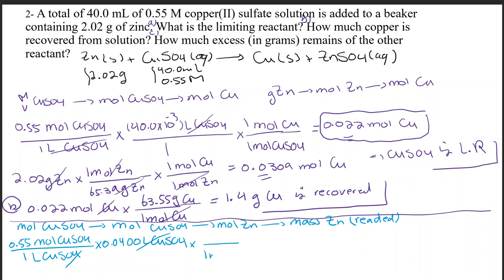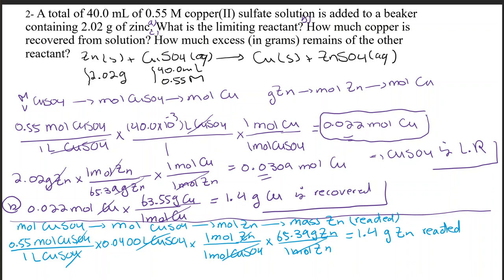Now, based on the balanced reaction, each mole of copper(II) sulfate reacts with 1 mole of zinc. And now each mole of zinc is 65.39 grams of zinc. So from here we said 1.4 grams of zinc reacted.